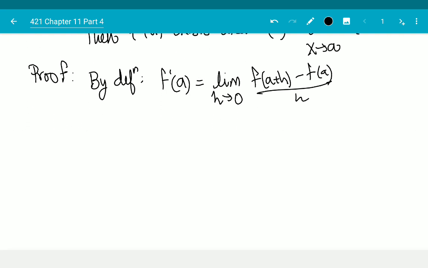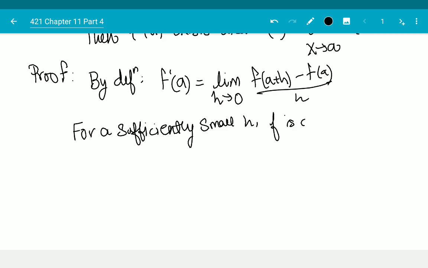Now, for a sufficiently small h, if I take h to be small enough, the function f is continuous at a, so it has to be continuous in some interval at a.